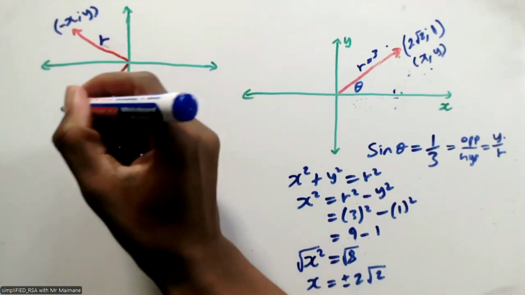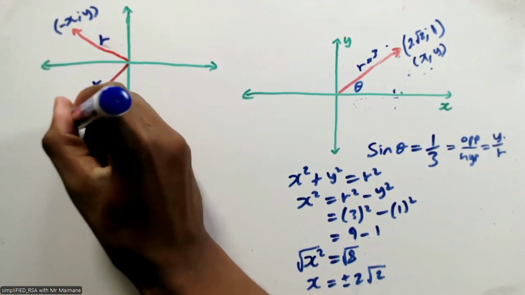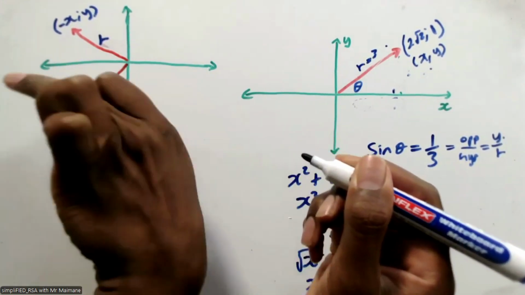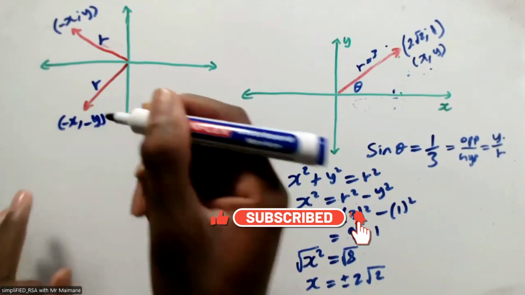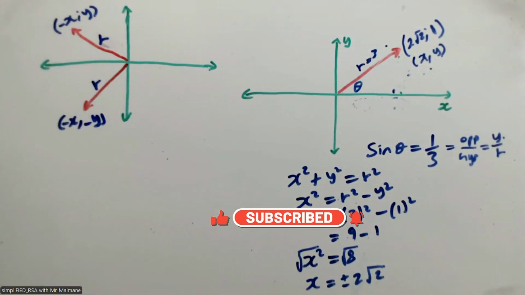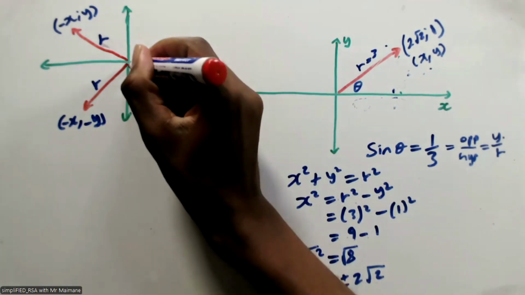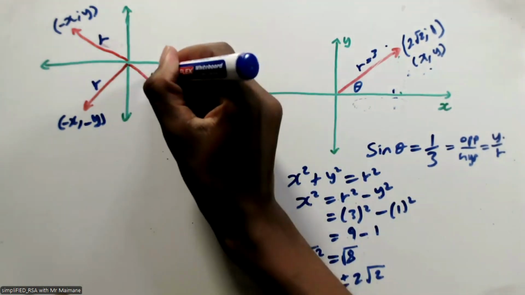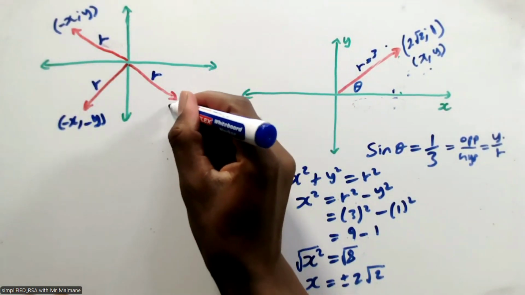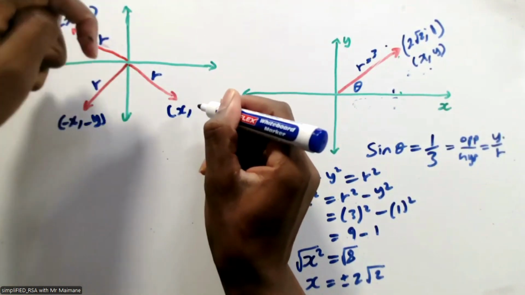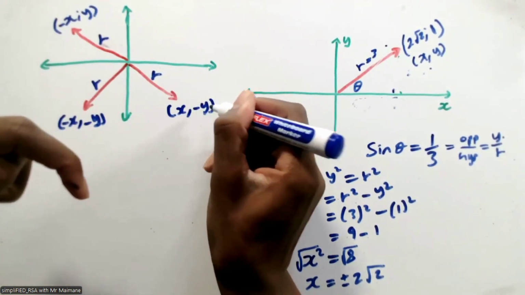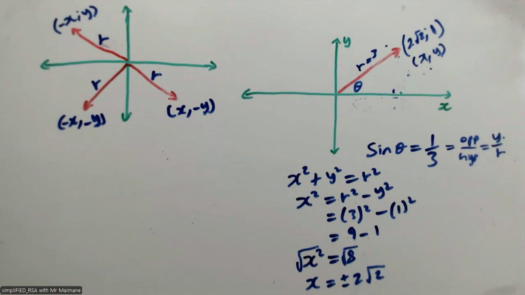When R is in the third quadrant, we know that X will be negative because that's the negative side for X, and Y will also be negative because that's the negative side for Y. What happens when R is in the fourth quadrant? When R is in the fourth quadrant, we know that X will be positive and Y will be a negative value.